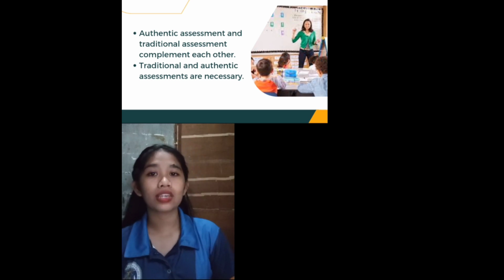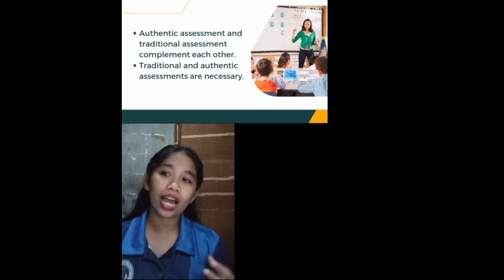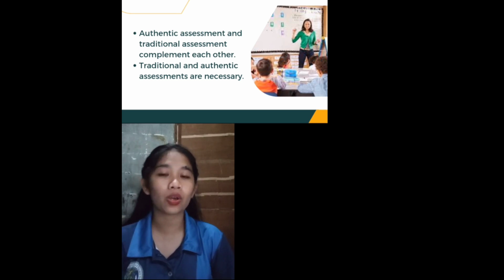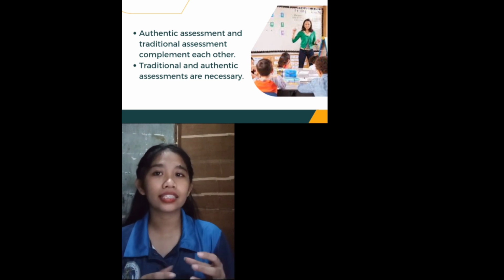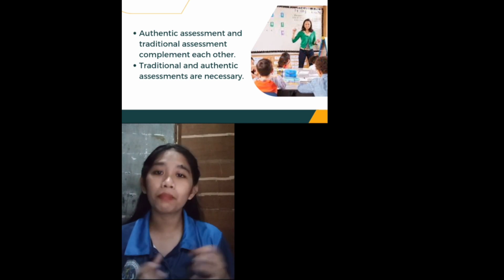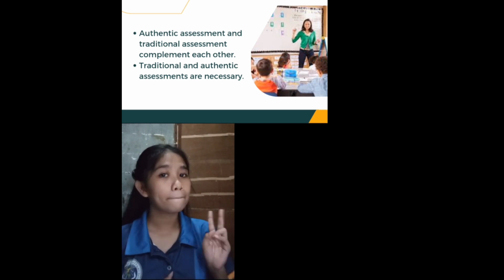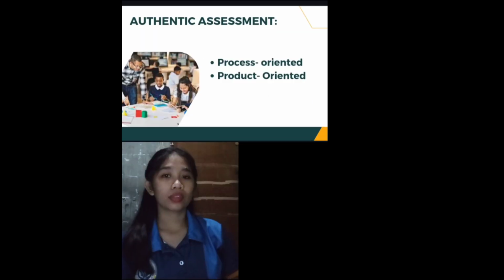In other words, learners cannot perform real-world tasks if they have not mastered basic knowledge and skills. So in that case, we can say that authentic and traditional assessment complement each other because they work together.